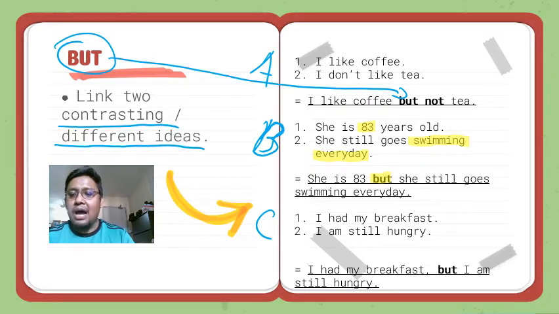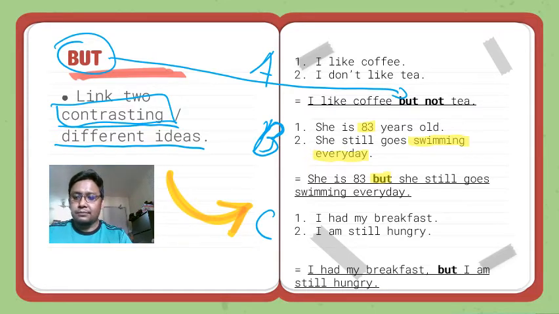If let's say you have taken your breakfast or your meal, probably you will feel very full or you are not feeling hungry anymore. But this one, example C here, is very contradictory. So I had my breakfast but still feel hungry. Okay, so this is how we use but.